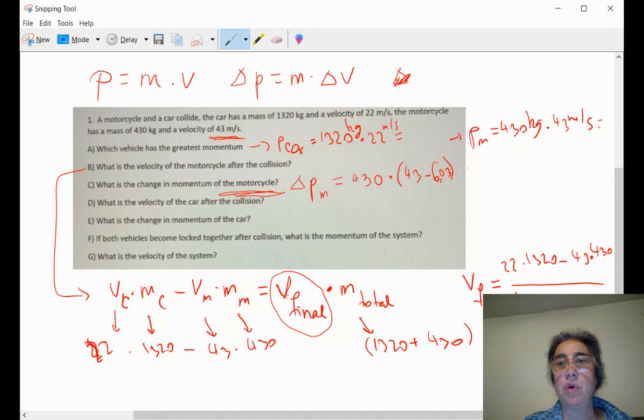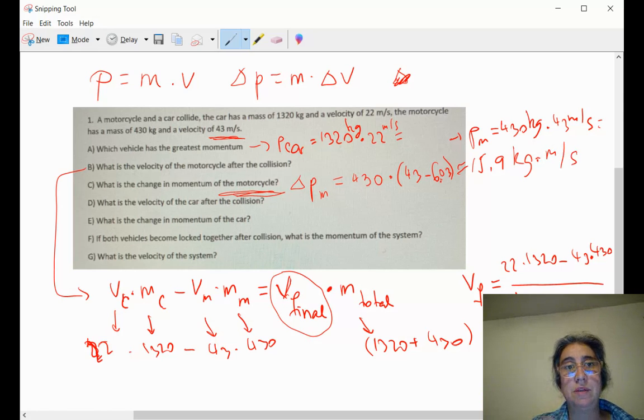I would say 15.9. And of course, the units come out exactly the same as for the momentum, which would be the kilogram times the meter per second.